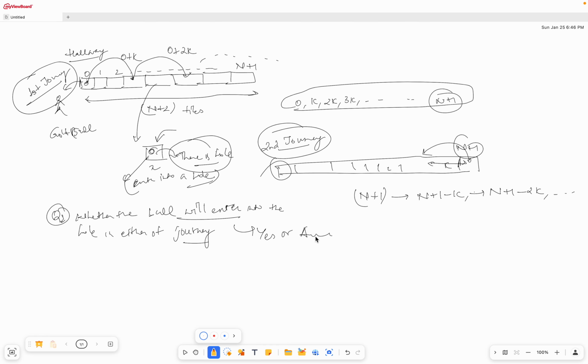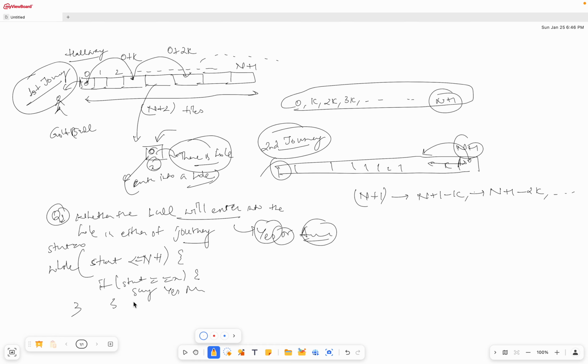One way to do it is to make a loop: start from position 0, and while start is less than n plus 1, if start equals the tile which has the hole, then you say yes, it enters the hole.